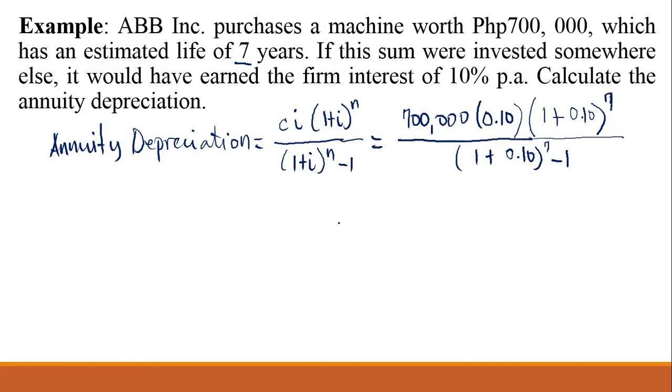So you just have to calculate the value, yung mga nasa loob muna ng parenthesis. So this is equal to 136,410 and 2 centavos over, so yung value nito is equal to 0.9487.